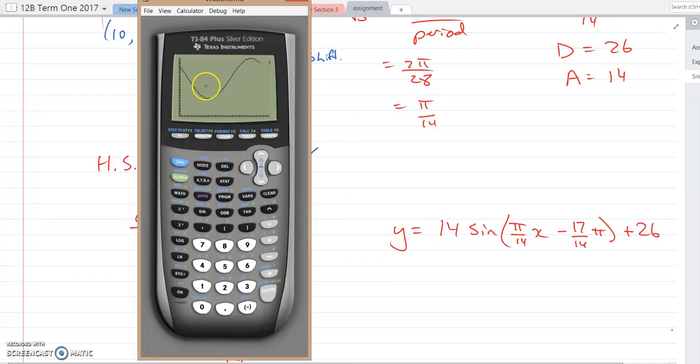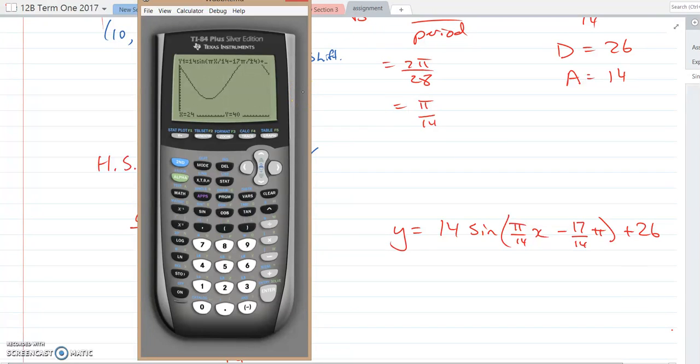We were only interested in from the bottom here up to the top here. Let's check that bottom value. Make sure that x value was 10, which should have given us a y value of 12. Perfect. Second, our x value of 24 should have given us 40, and voila, it did. So that's it, we're done.